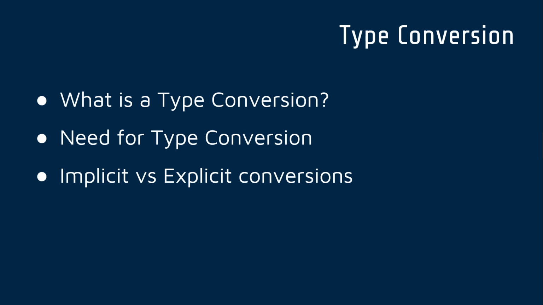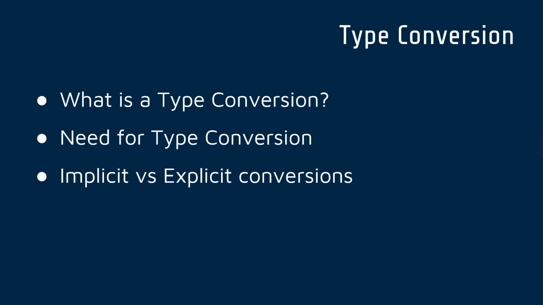Here we have two types of type conversion available to us. One is known as implicit type conversion and the other is known as explicit type conversion. Implicit means it is internal.